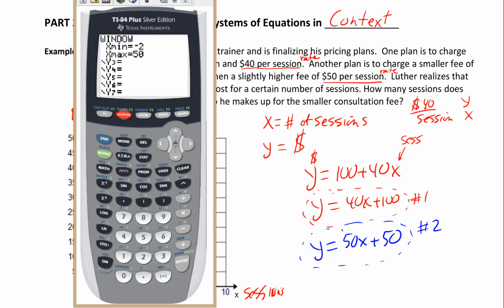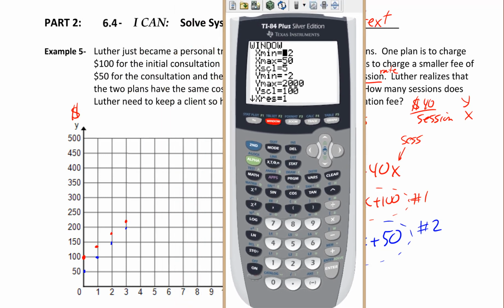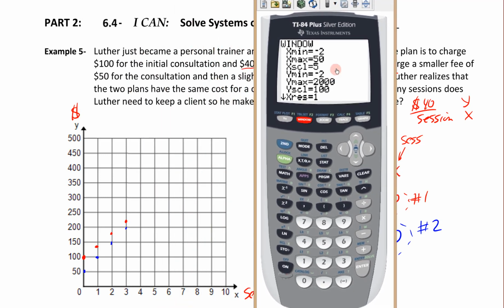Okay, and then I'm going to do the window. Now, for the window, you'll notice that this is a big mess. This may or may not work for ours, but let's set this up the way we've got this here. Let's go from an x min, a smallest x of 0, and then let's go to 10. All right, and this has a tick mark every 1 unit, so let's make the scale equal to 1.